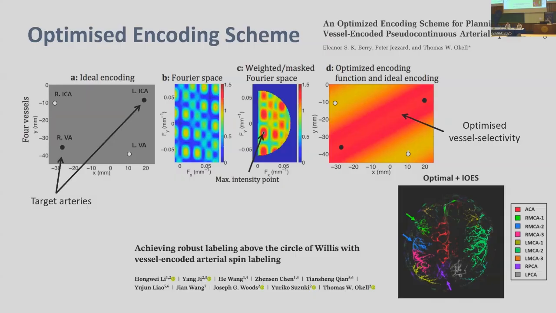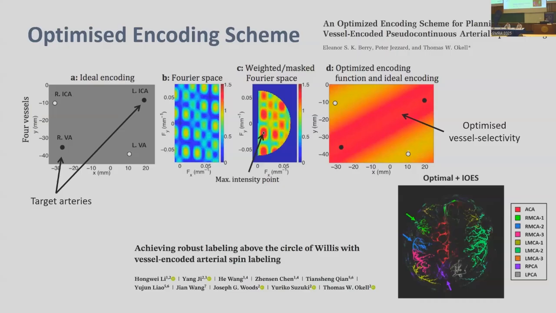Then this spatial arrangement at the labeling plane is Fourier transformed into the frequency domain. Then the maximum intensity point with the lowest spatial frequency determines the optimized vessel selective parameters. Fourier transforming this back to the spatial domain demonstrates optimized vessel selectivity.